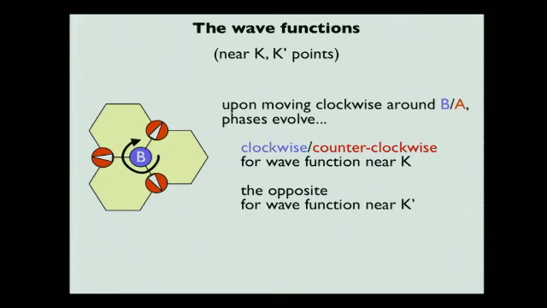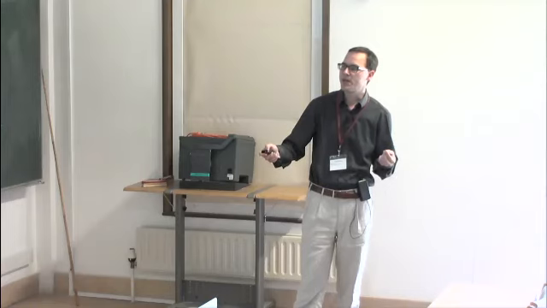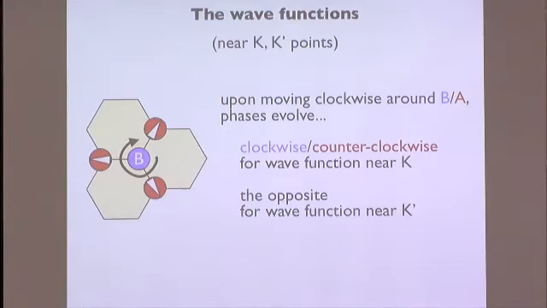Now, in order to understand that, let's have a look again at the wave functions, also in order to bring out the difference between these k and k prime points. So again, imagine you move in a clockwise fashion and ask, how does the complex phase behave? Here I plotted a situation where the complex phase also moves around in a clockwise fashion. And if you really look at the wave functions, for example, at the k point, you will see that if I move around in a clockwise fashion around B, the phase evolves clockwise.